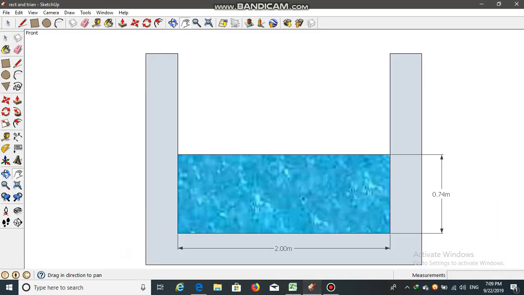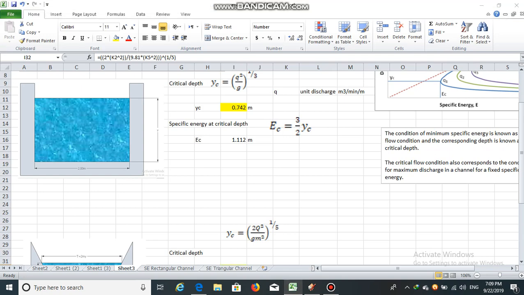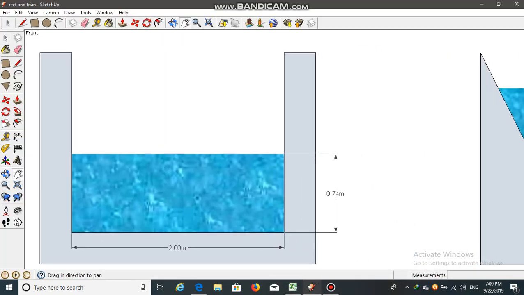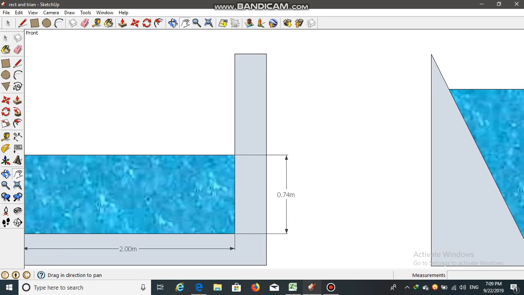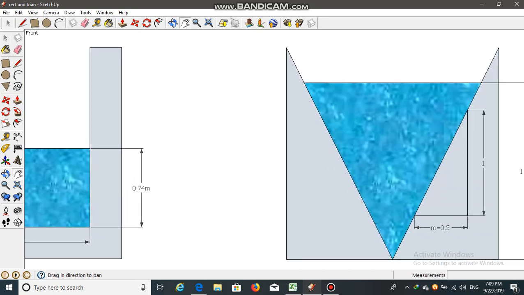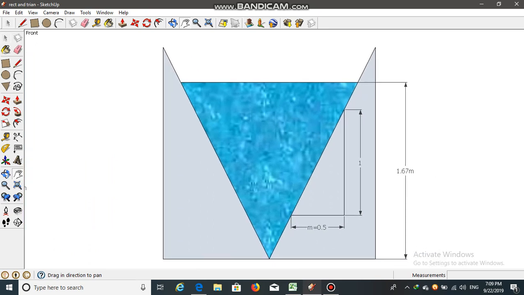So for rectangular channel it is 0.74 for discharge of 4 meter cube per second, and critical depth for triangular channel is 1.67 meters for discharge of 4 meter cube per second.